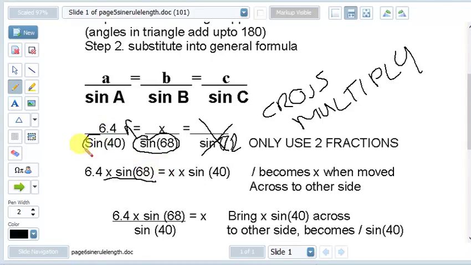Next one, we circle the sine of 40 and bring it over, and you can see the cross quite clearly here. That becomes divided by sine of 40 on the left hand side, and when we bring it over, it becomes times sine of 40, so it becomes x times sine of 40.